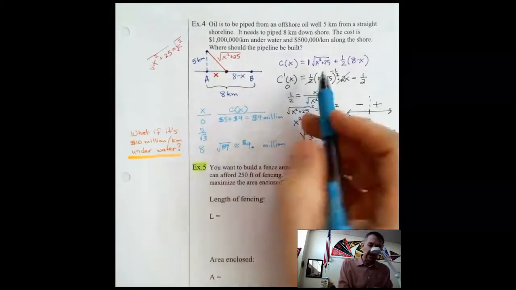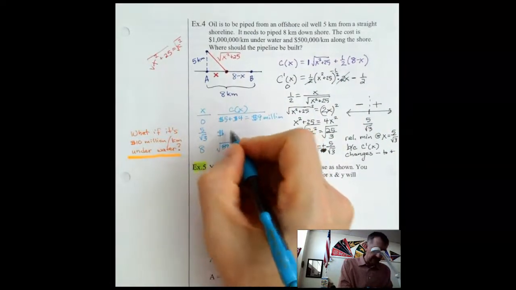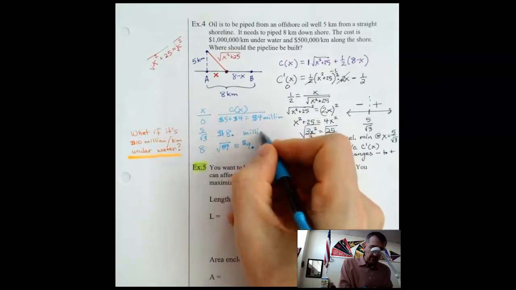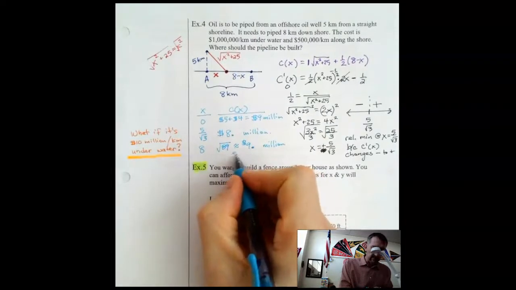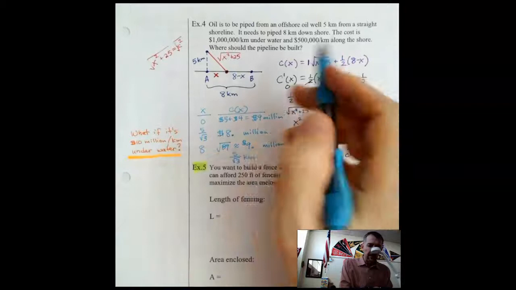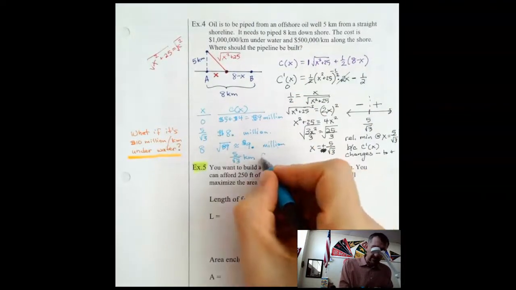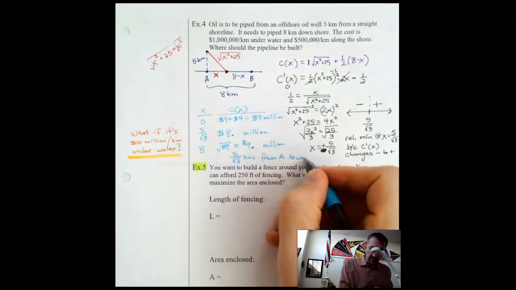Now, if you plug in 5 over root 3 into both of those, then you're going to get 8 point something million. So the pipeline should be built 5 over root 3 kilometers from A toward B.